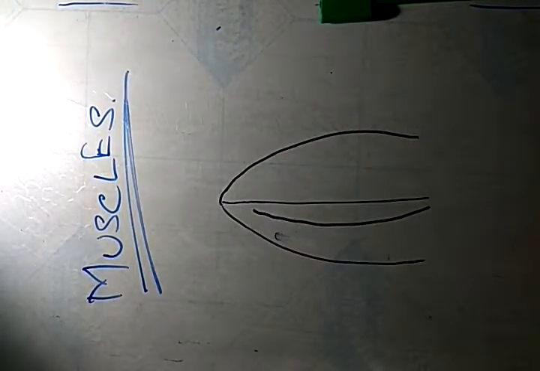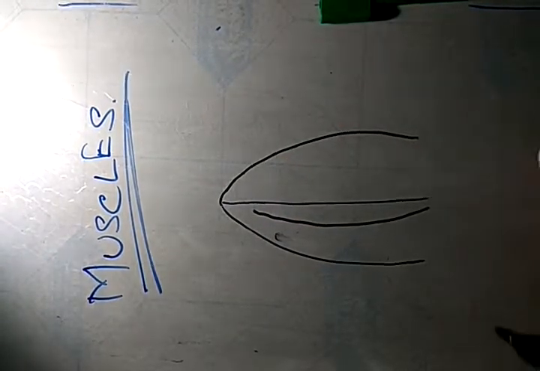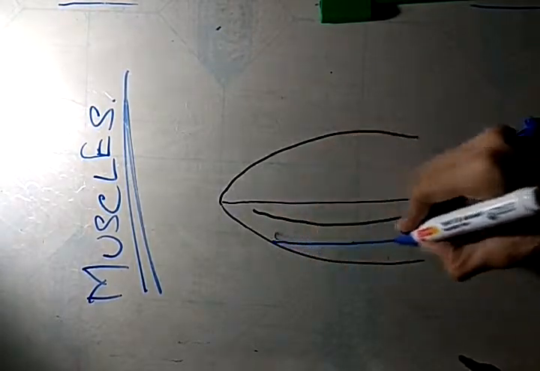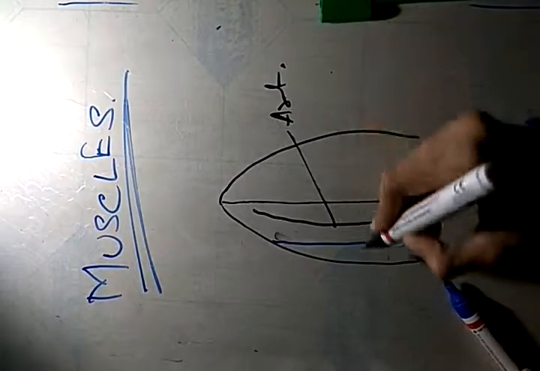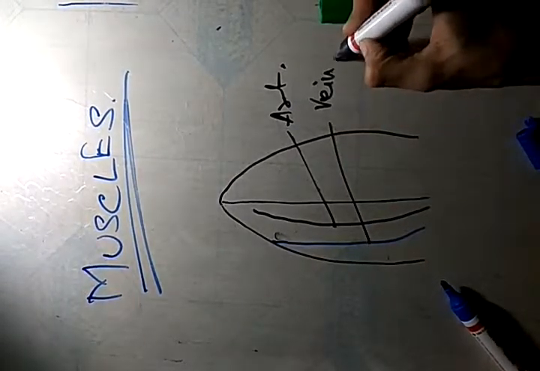I don't have a red marker, I would have shown you that this is your vein and this is your artery. So this is a simple basic diagram. Just draw your artery with a red pen or red color, and that would be all.